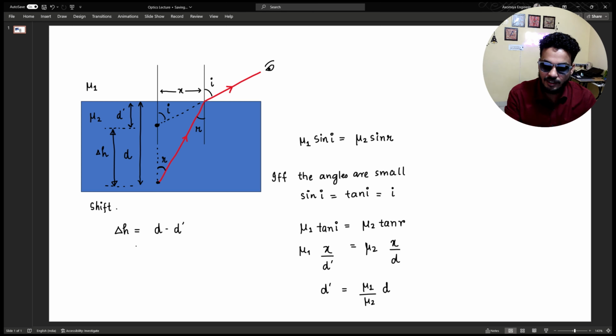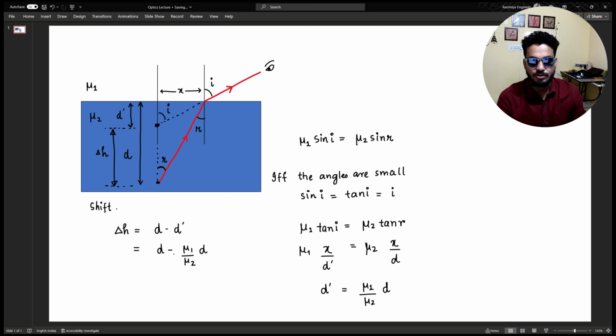Now we have already figured out how much d dash is. That is just d minus mu1 by mu2 into d. Okay, d dash is mu1 by mu2 into d. Now that is equal to d times 1 minus mu1 by mu2.